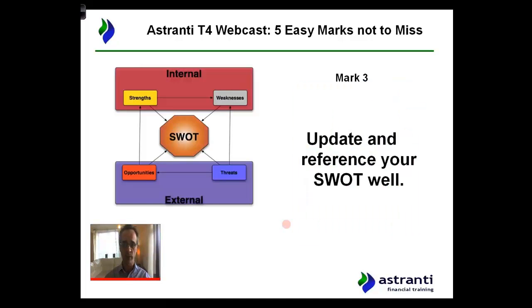Next one, your SWOT. One of the things that I see regularly within the appendices is that students are doing appendices, let's say, for example, a SWOT, but they're either not referencing it well in the detailed analysis section or indeed in the report, or they're not updating it for the 4 or perhaps even the 3 main issues that they choose.